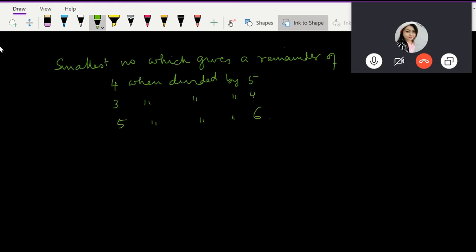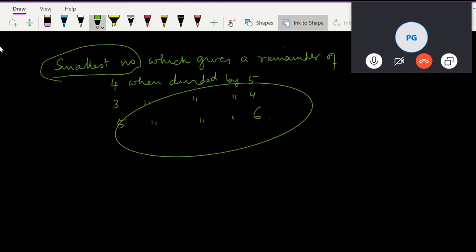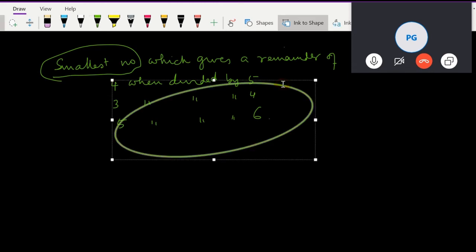What is the number? First one is 9, second one is 7, and third one is 11. One number. I need one number which gives all of this. Just one number and the smallest one.